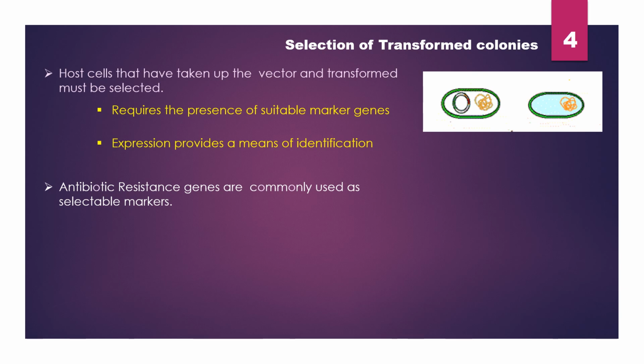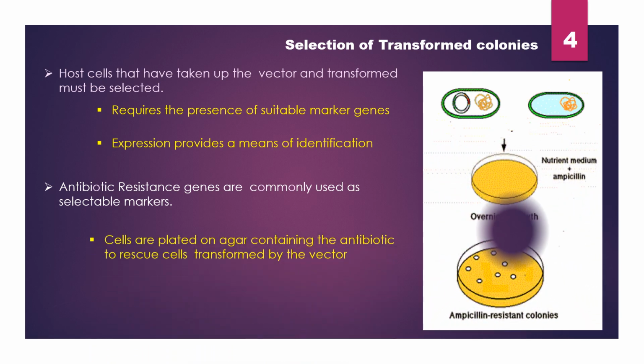Now to select the host cells after the transformation, they are grown in an agar plate containing the antibiotic against which the vector has the antibiotic resistance gene.